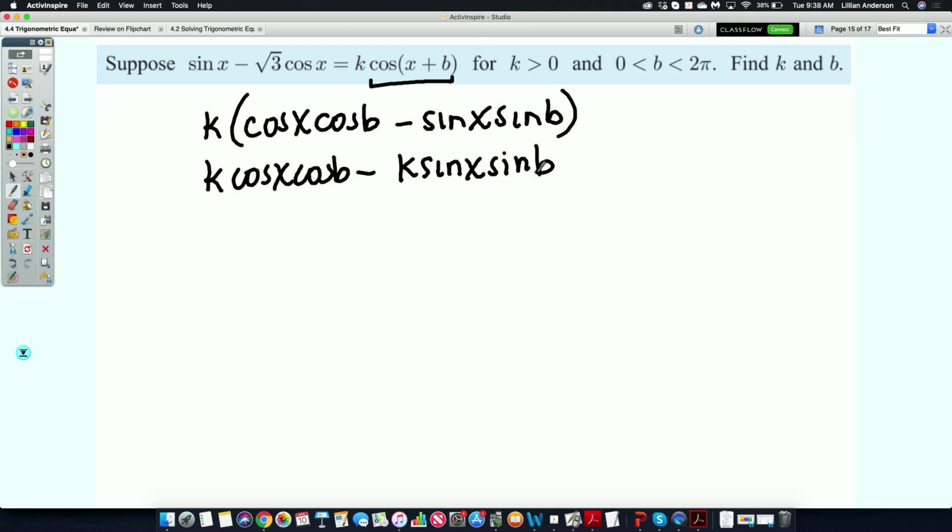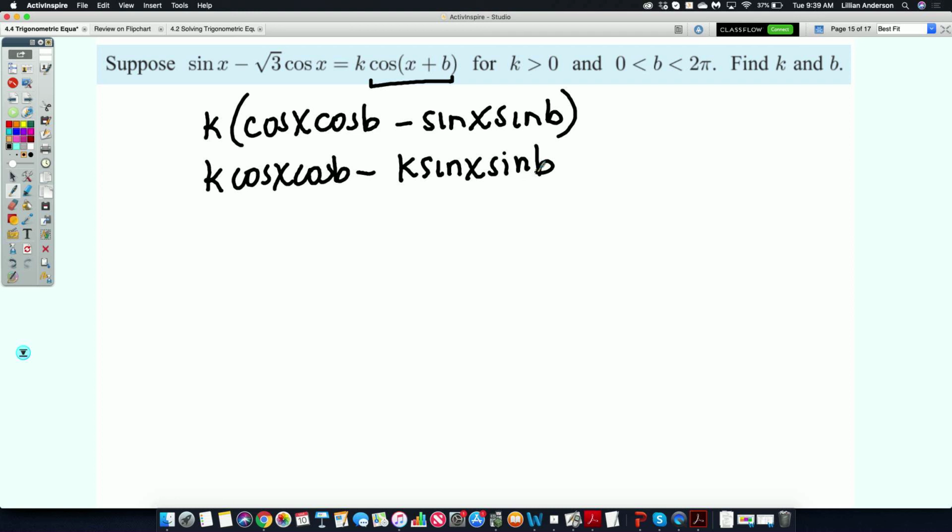Remember, this is supposed to equal sine x minus square root of 3 cosine x. Make the sine x part equal, you said? Keep going, I think you're on it.